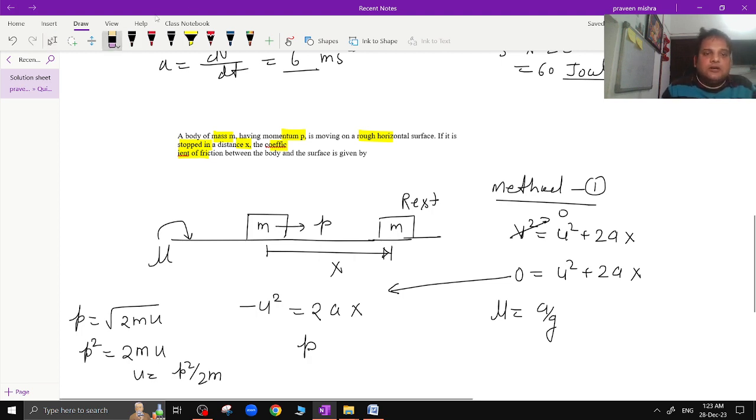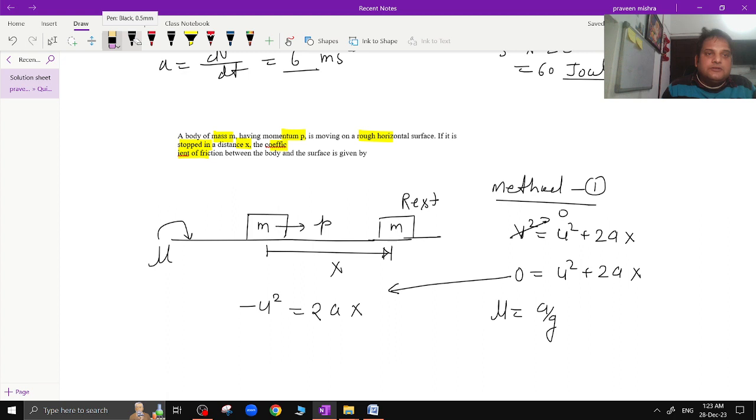Really very sorry, it is not a correct thing. That was the ratio between the kinetic energy and momentum. Here p is equals to m into u. From here u equals to p by m, that's why u square equals p square by m square, right?